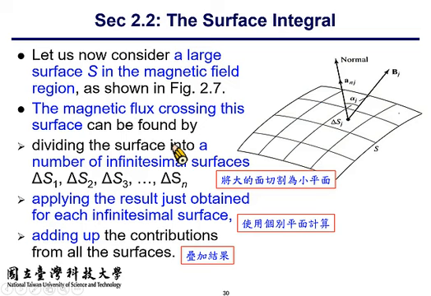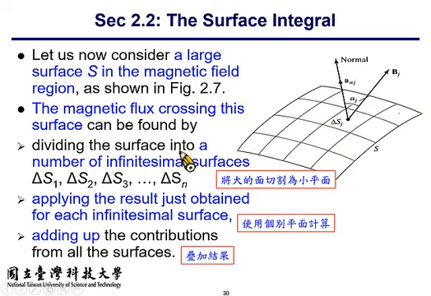Then sum all the contributions from those small facets to add up the total field effective for this surface of any shape.